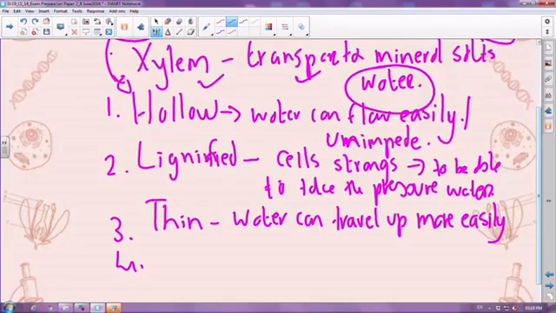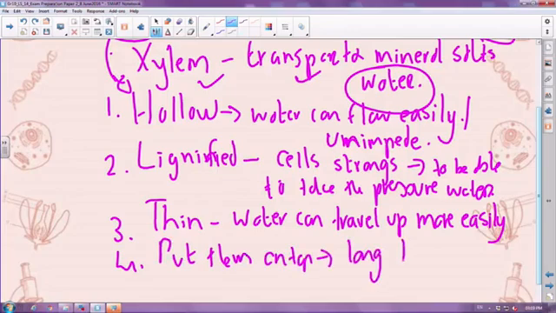Another one we could have said is that the cells are put on top of each other right on top to form one long tube. And if it's one long tube, it's much easier for me to transport water.